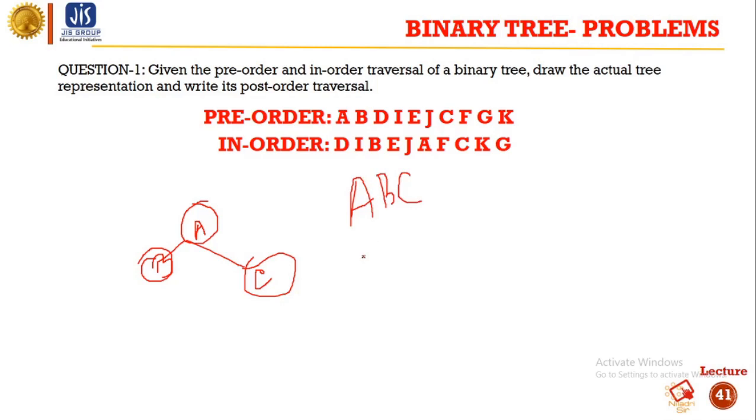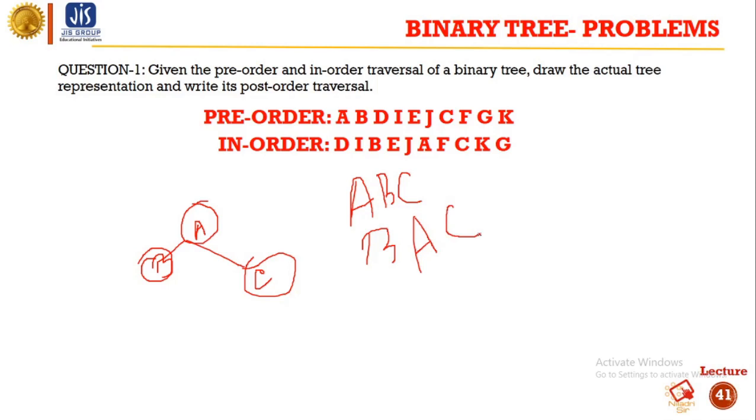And in case of in-order it is first left, that is B, then A is the root, and then the right, that is C. So this is how the traversal will occur.